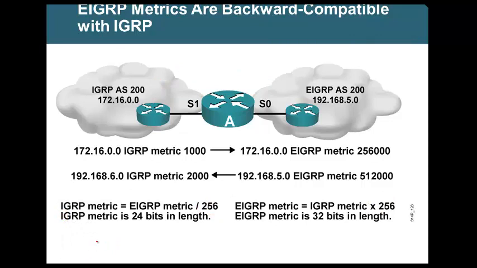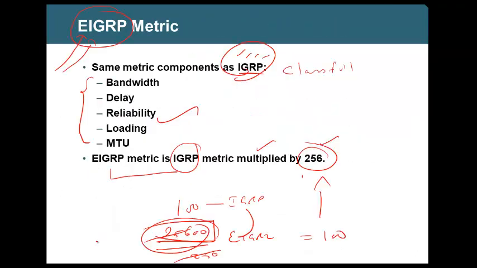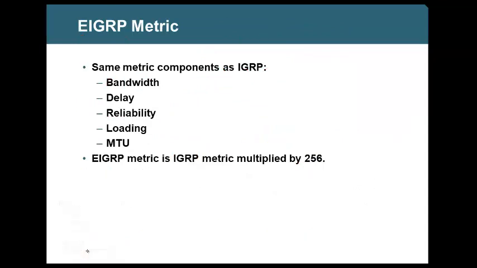So the metric of EIGRP is using 32-bit for calculating the composite value. Now, these 5 metrics are called 5K values.